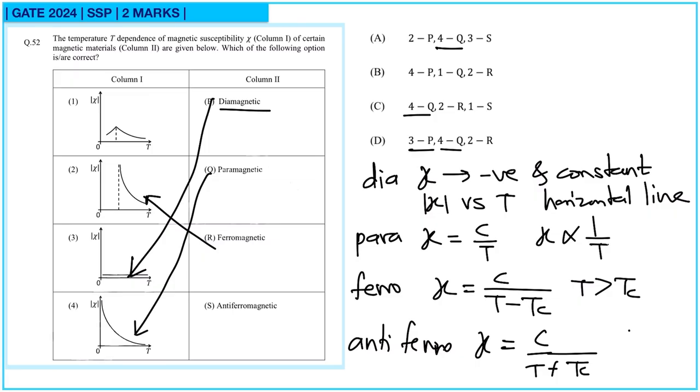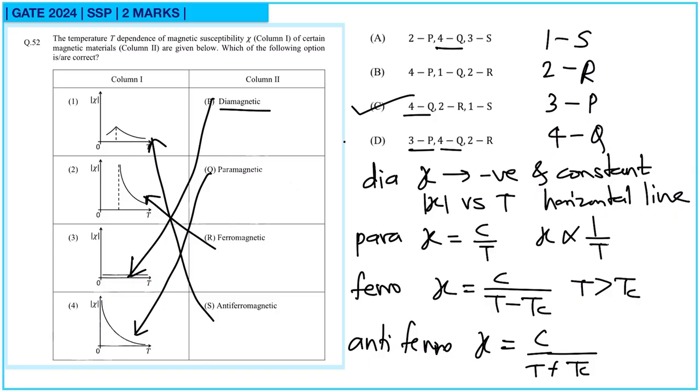So this is the formula, and this one is antiferromagnetic material. So that means 1 goes to S, 2 goes to R, 3 goes to P, and 4 goes to Q. That means this option is correct, and also this option is correct. So options C and D are correct.